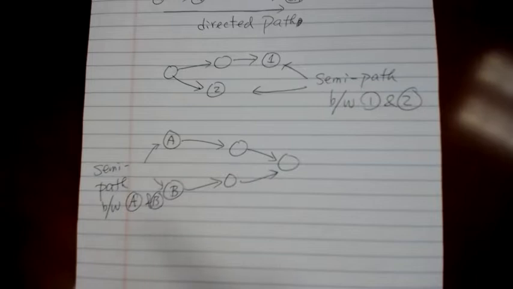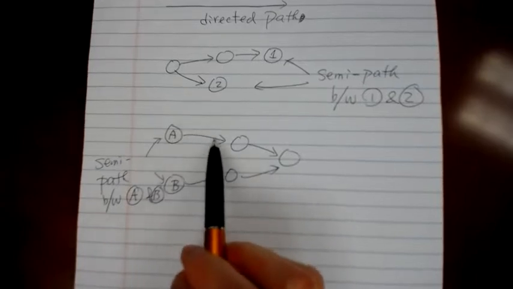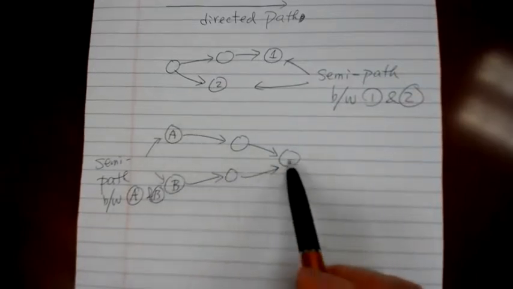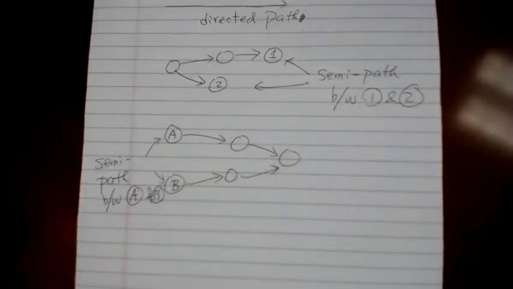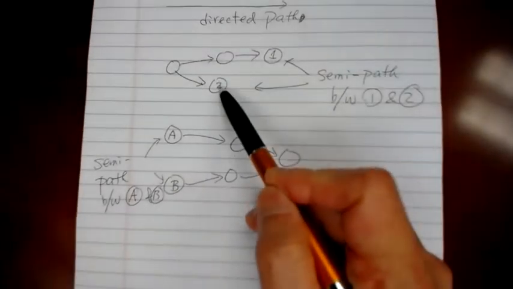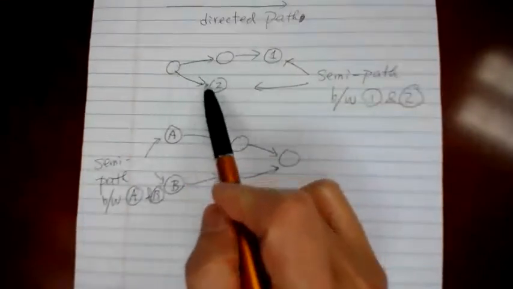Yes, in the graph concept, it is because they may reach the same node. Do you see that? So they may reach the same node. So in that case, we say that there's a semi-path between A and B. On the other hand, here, 1 and 2, they come from the same node, okay?